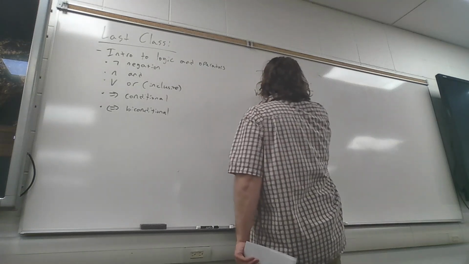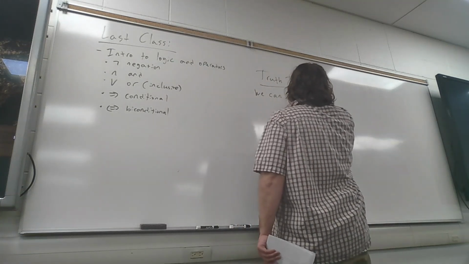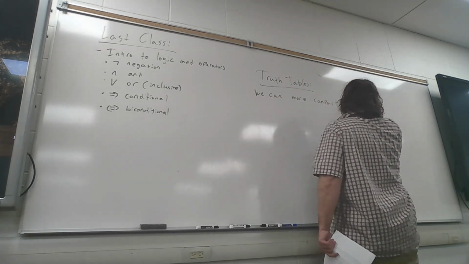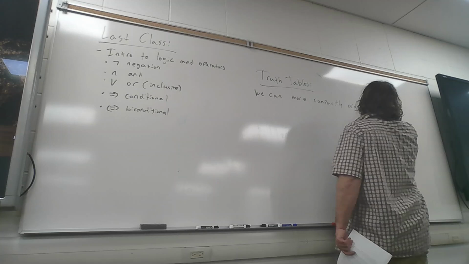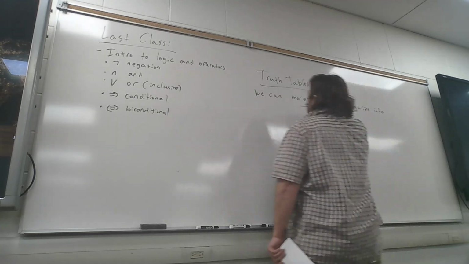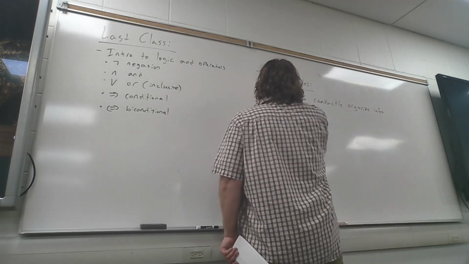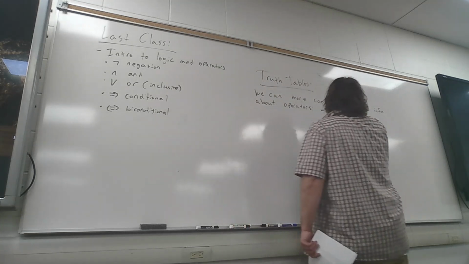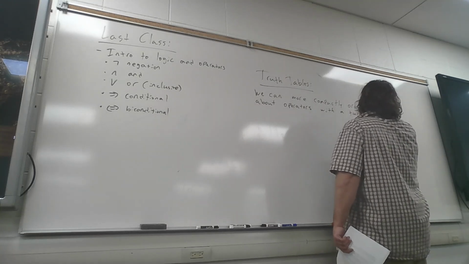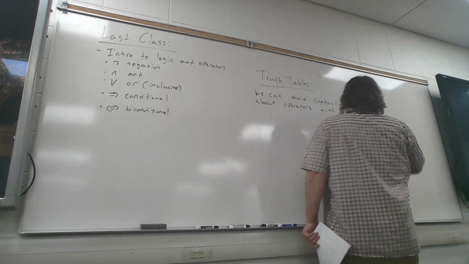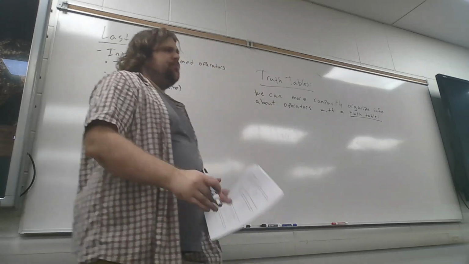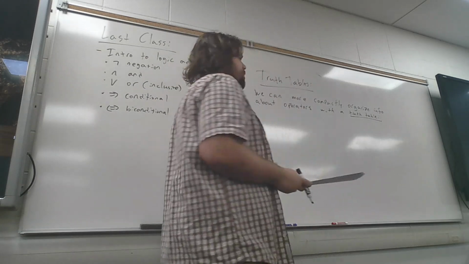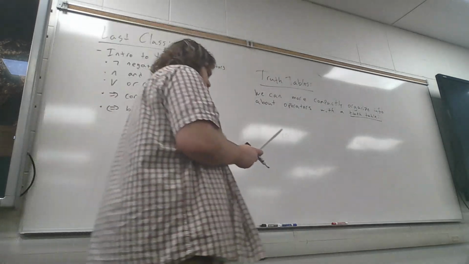We can more compactly organize information about operators with a truth table. I gave an example of one last class, but we're going to do more complex examples and the truth tables for all of these.